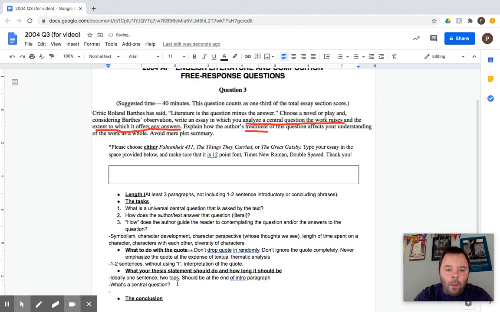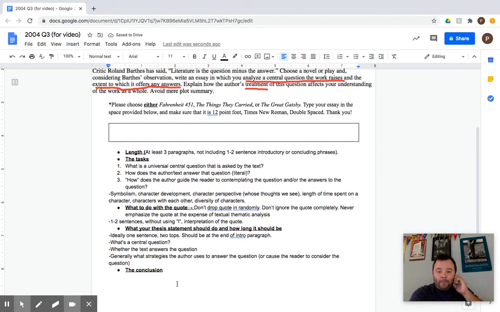It should tell me whether there are answers, and it should tell us briefly or generally how the text answers the questions. Or I guess you could say what strategies the author uses to answer or cause the reader to consider the question.